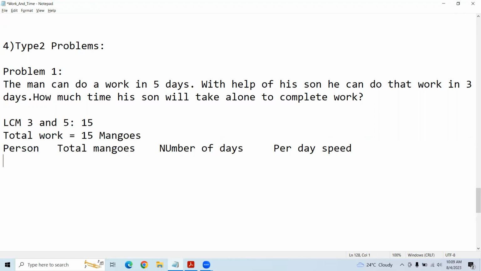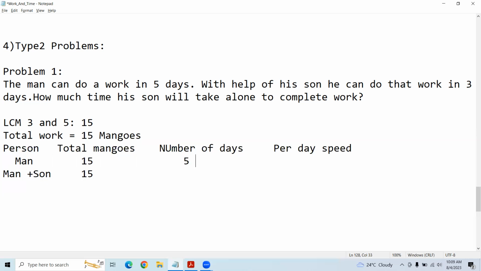If they have given hours, you will do per hour speed. So for person, let's take first the man, and then next they are giving man with the help of son. So man, and man plus son, is what they have given us. The number of mangoes is 15 in both places. The man can do the work in 5 days.